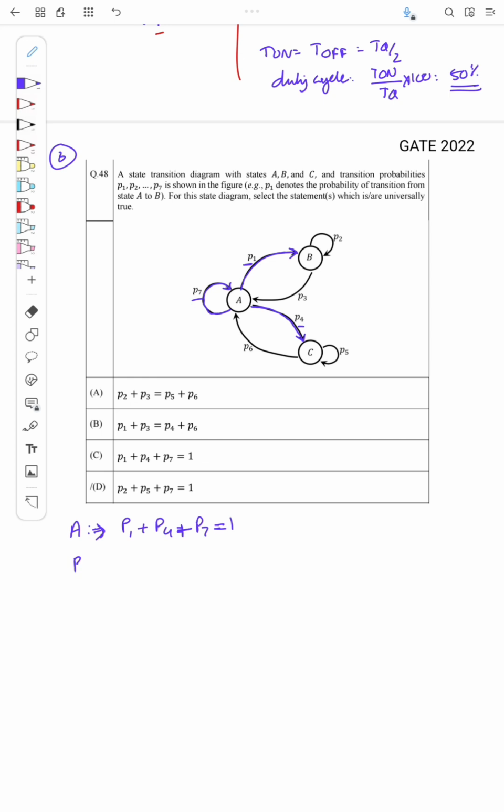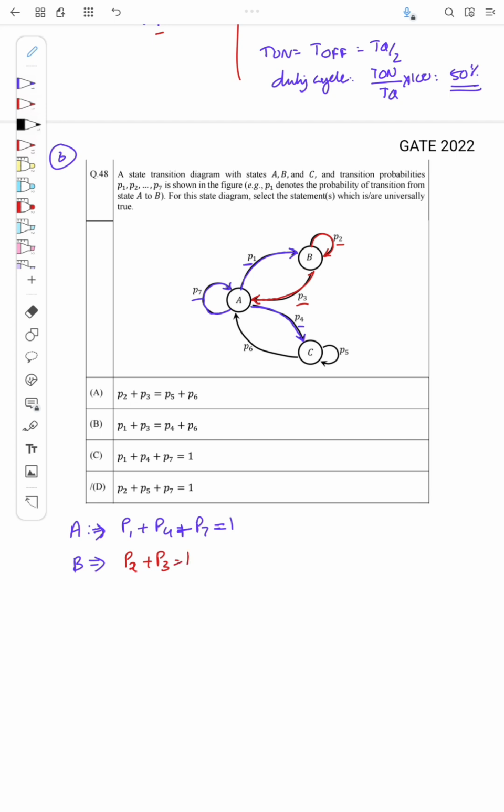Okay, similarly we can write for B. From this transition diagram, B can either remain at B itself with a probability P2, or it can transition to A with probability P3. There is no transition to C according to this state diagram. So from this, P2 plus P3 is equal to 1, right?